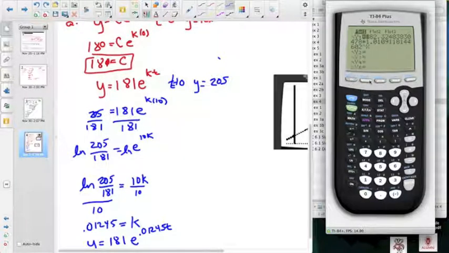And then if we go back in and type in what we came up with just using the first 2 data points, that's 181 e to the 0.01245t. So there's that approximation that was just based off of those first 2 data points, remember.